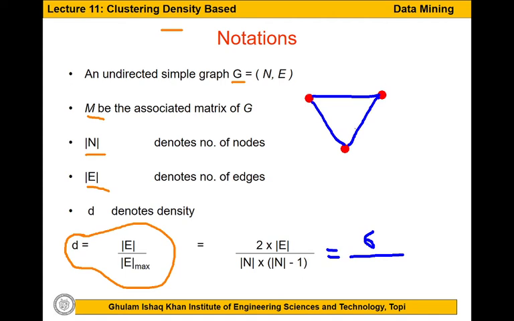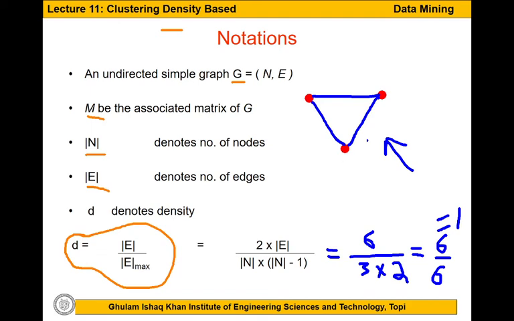If you see, there are 3 nodes, so 3 multiplied by number of nodes minus 1, so this is 6 divided by 6, which is equal to 1, right? So the density of this graph is 1, which is 100%.